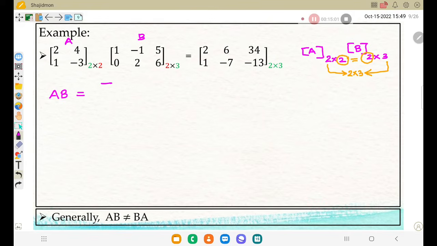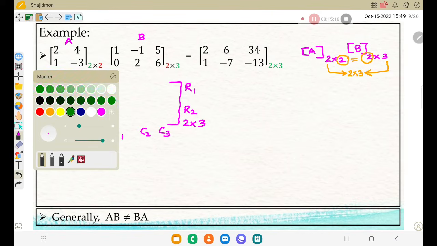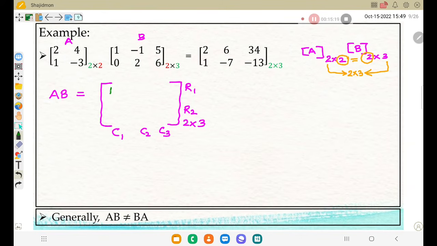So the AB matrix should be a 2 by 3 matrix, correct? That means we have 2 rows, R1, R2, and 3 columns, column 1, column 2 and column 3. So what are the numbers we need to calculate? First R1, C1, first row with the first column, R1, C2, first row with the second column, R1, C3, first row with the third column, then R2, C1, second row with first column, R2, C2, second row with second column, and R2, C3, second row with third column.